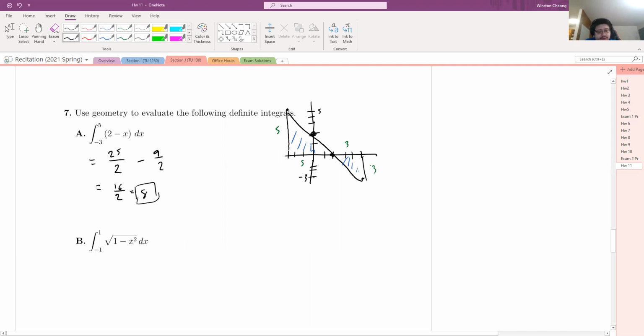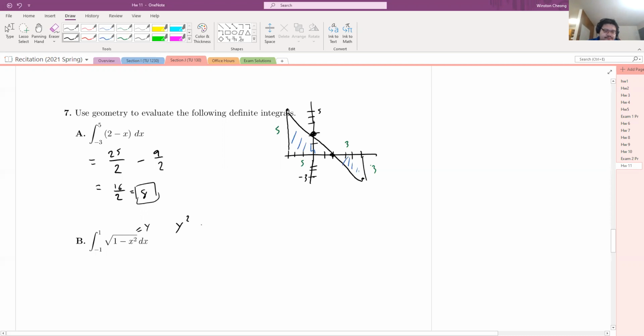For part B, well, I usually have to explain this. So when you see this function, you should get used to recognizing that this is the upper half of a circle. The way that you see that this is actually representing a circle is by setting this function equal to y and squaring.